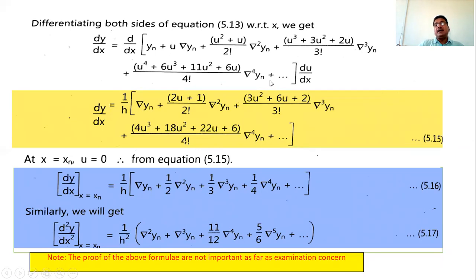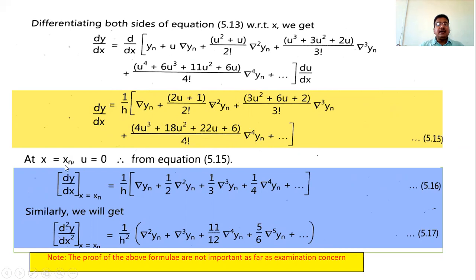In this way we will find the further terms, and du by dx is what? Is 1 by h. So right here du by dx is 1 by h, and then this is the dy by dx, the first order derivative.